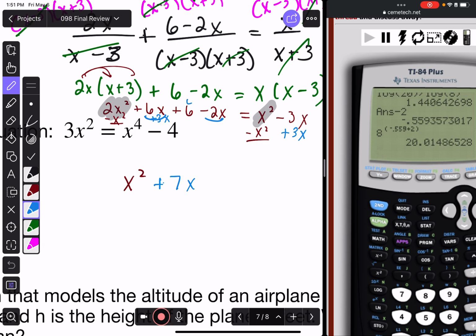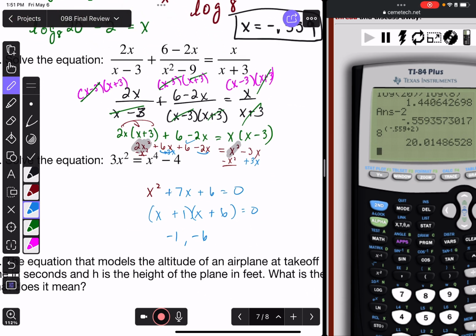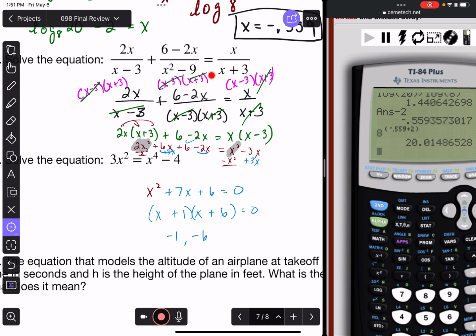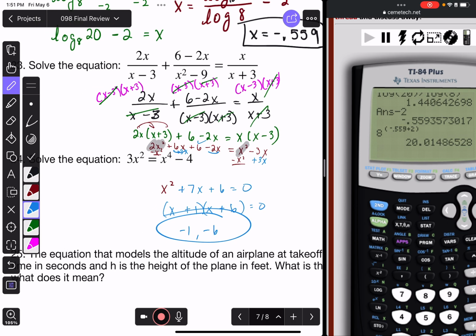And then it looks like I just got that plus 6. I'm thinking this guy factors. x is -1 or -6. Let's see here. It doesn't blow up any of my denominators, so -1 and -6 are just fine.